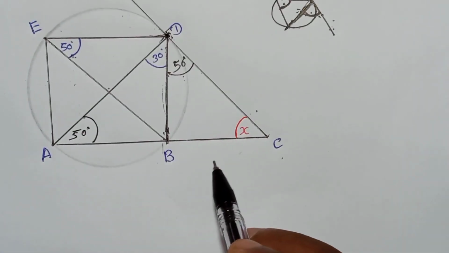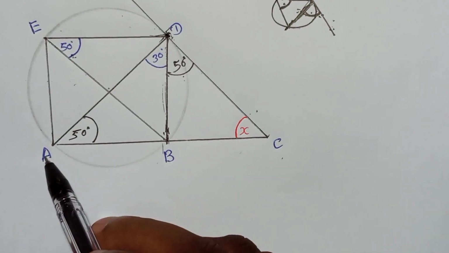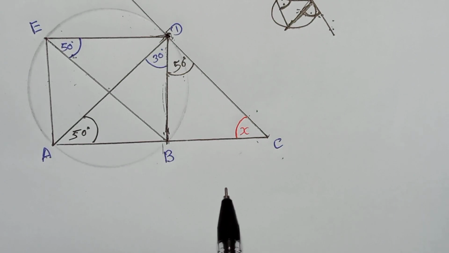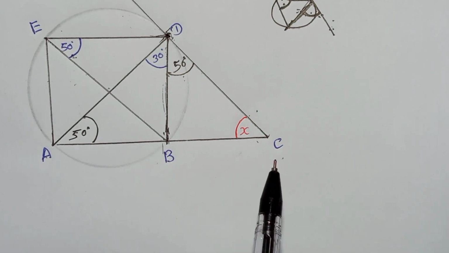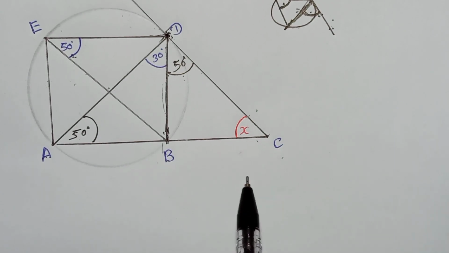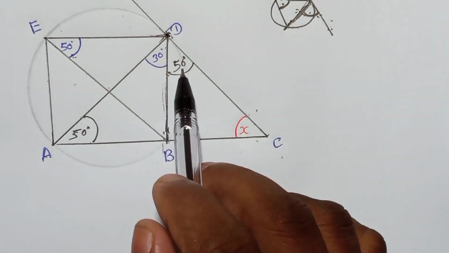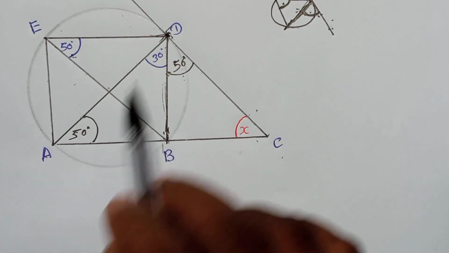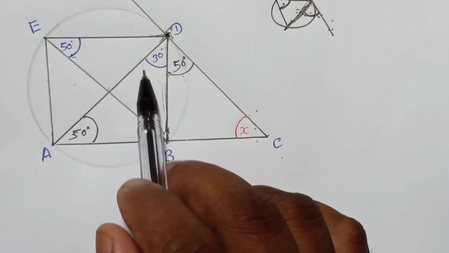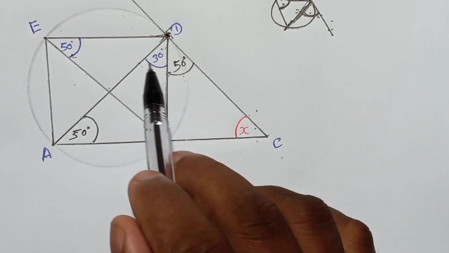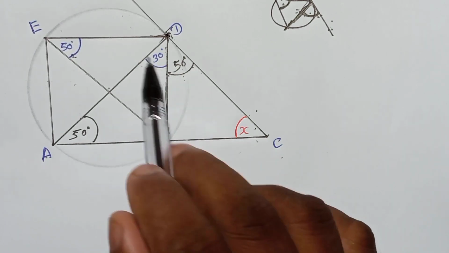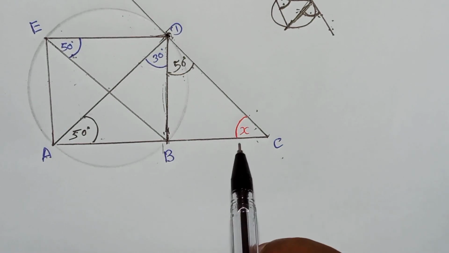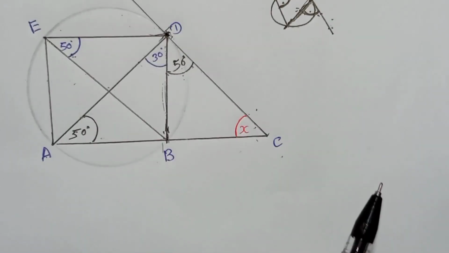Now we can write for the triangle ADC, the interior angles of a triangle add up to 180, no? When you add this plus this, both together, I mean, here I'm discussing the ADC triangle. In that triangle, this is one angle. These two add up to make one angle. This one plus this one plus x must be 180, because it is the interior angle sum of a triangle.